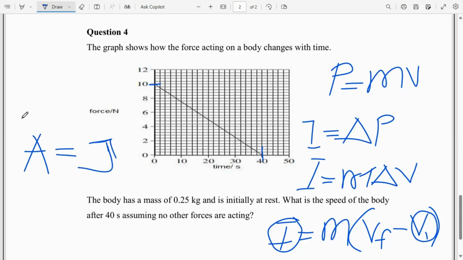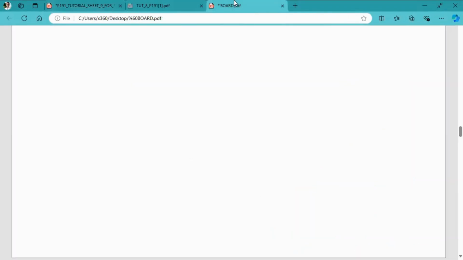So let's find the impulse first. Let's go to our board. The area under the graph is a triangle, which means the area is equal to half base times height, half BH, or some will say L, I don't know, but that is breadth. I consider the one which is down as the base.